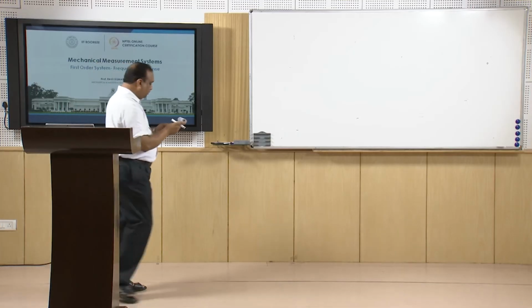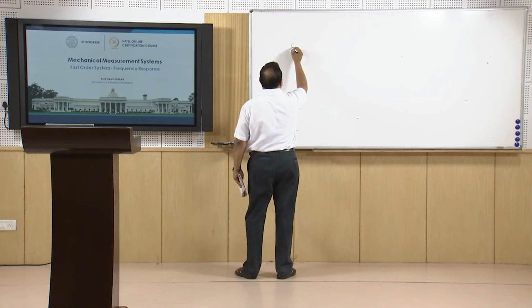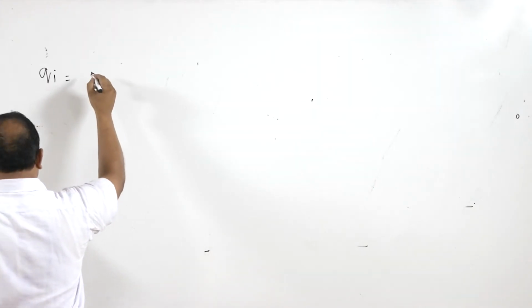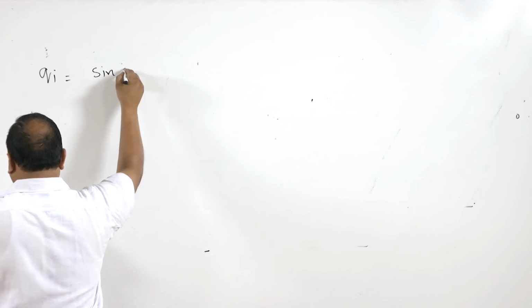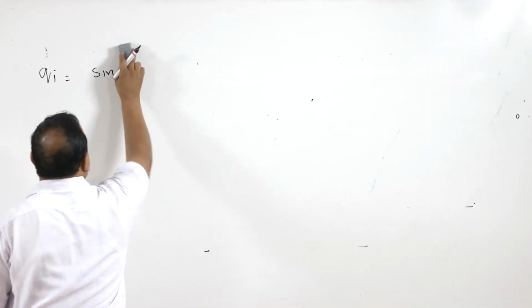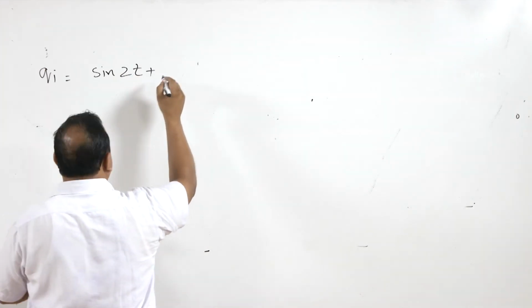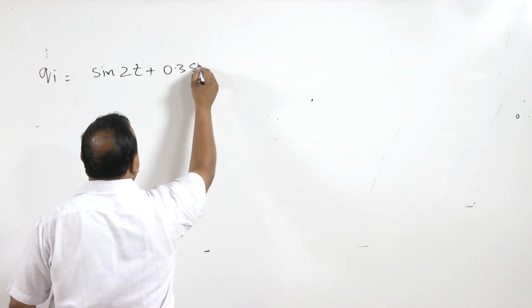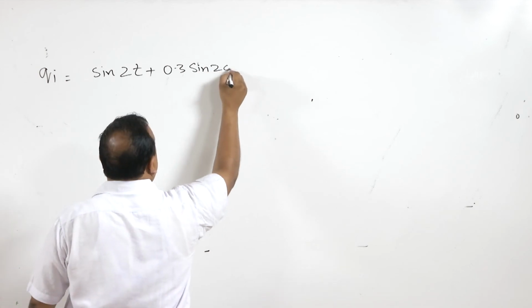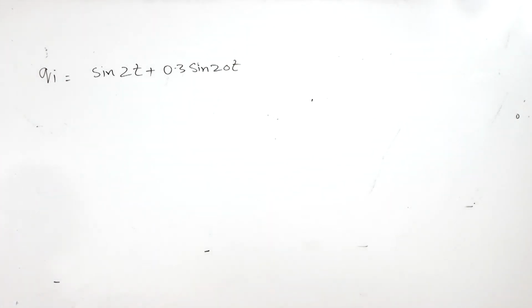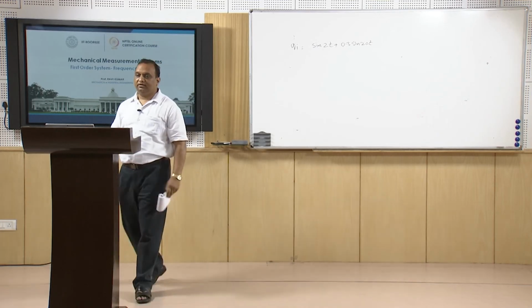Combination of sine waves means the input is sin 2t plus 0.3 sin 20t. This is the input to the instrument.